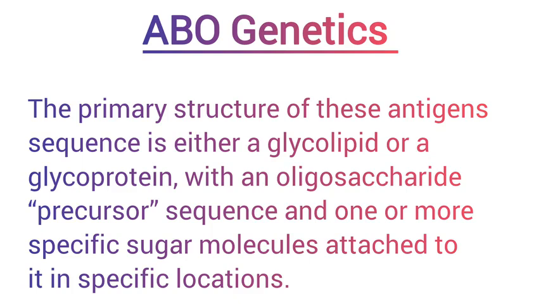The primary structure of this antigen sequence is either a glycolipid or glycoprotein with an oligosaccharide precursor sequence, which is a carbohydrate sequence, and one or more specific sugar molecules attached in specific location.